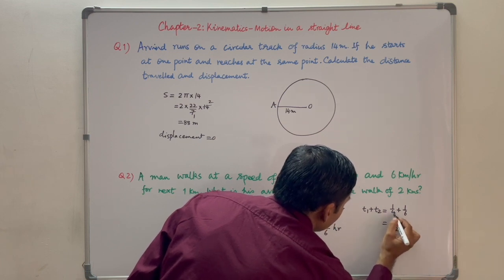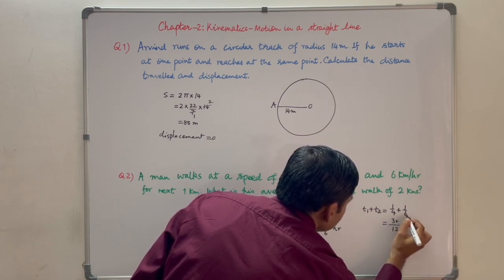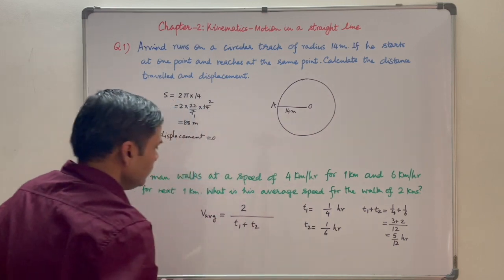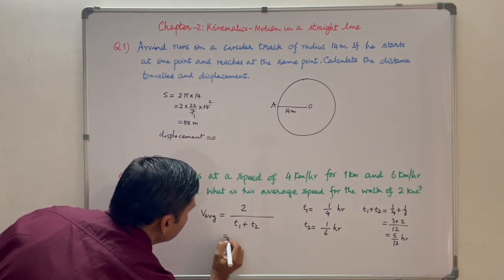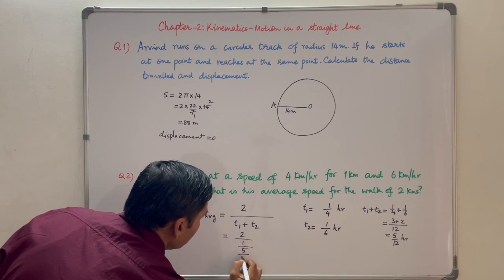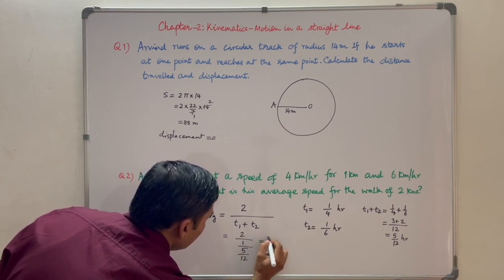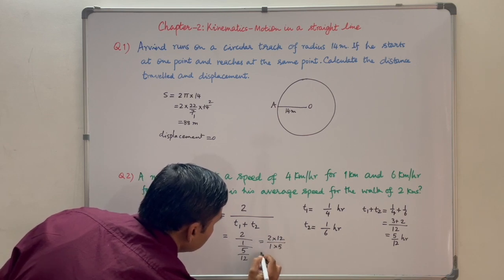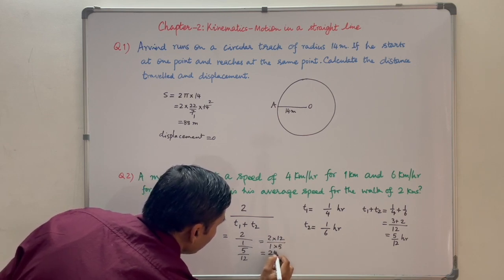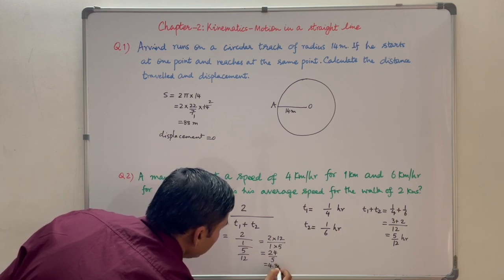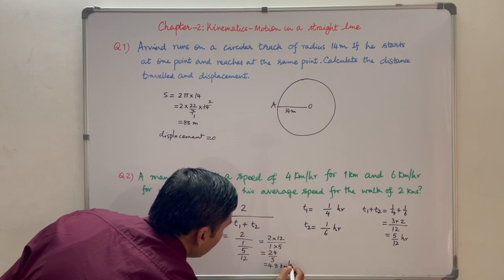LCM is 12, 4 3s are 12 plus 6 2s are 12, that is 5 by 12 hours. Now v average is equal to 2 upon 5 by 12, and that is equal to 2 into 12 upon 1 into 5, that is equal to 24 upon 5, and that is equal to 4.8 km per hour.